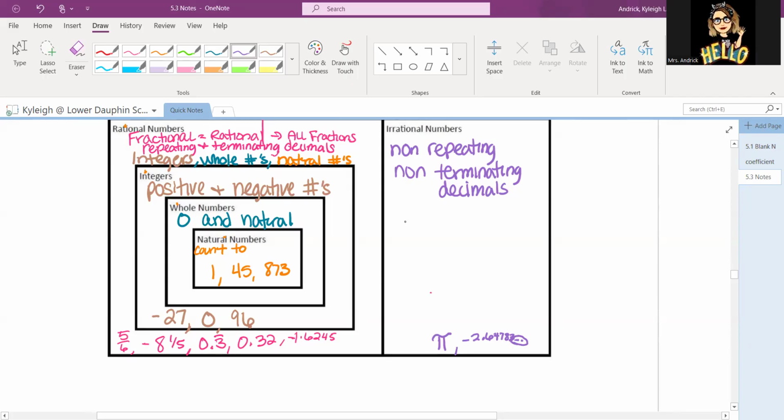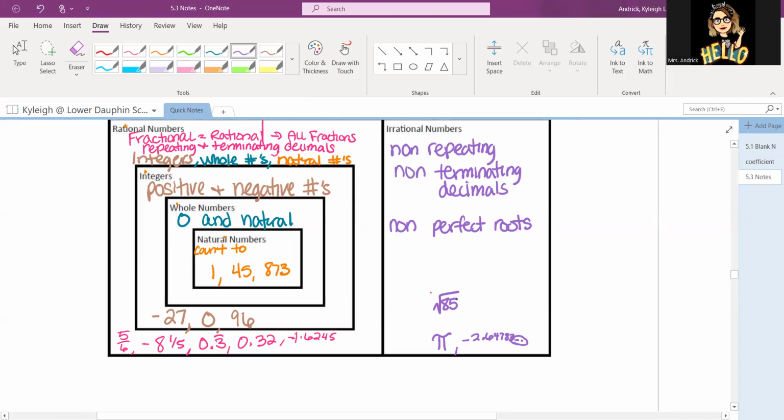Also non-perfect roots. So something like the square root of 85. Is that listed on your half sheet of paper anywhere under the x squared row?